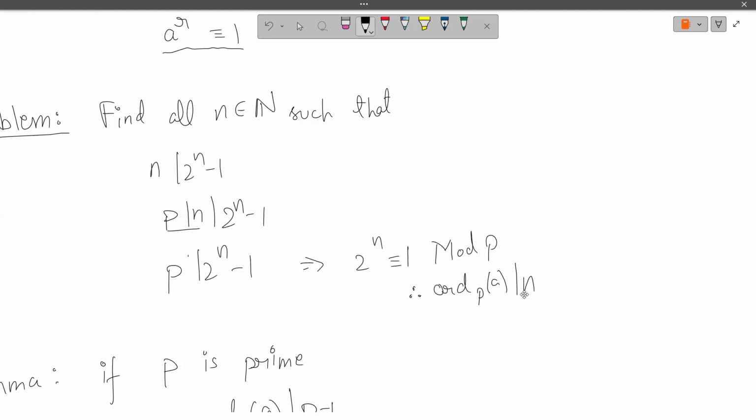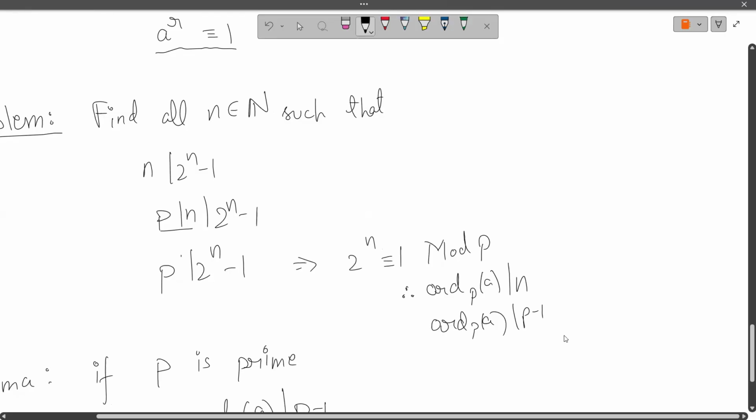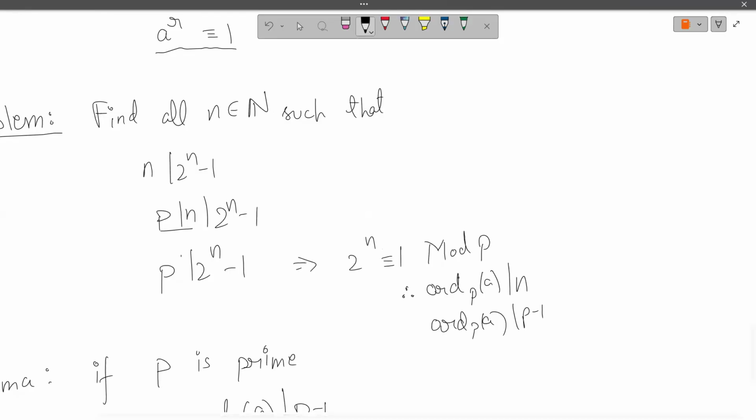Since the order must also divide p minus 1 because of Fermat, we can conclude that the order must divide the GCD. By the way, it's the order of 2, not the order of A. Oh, yes. Thank you.